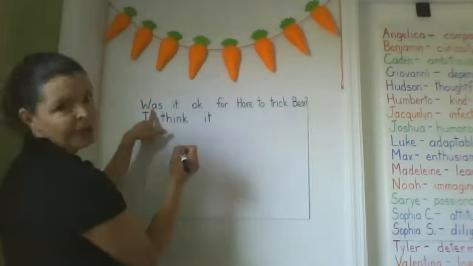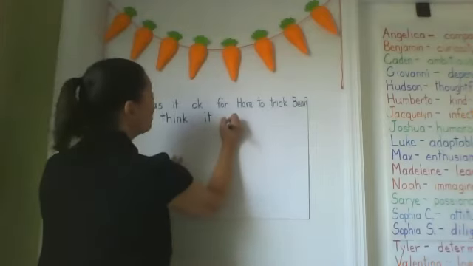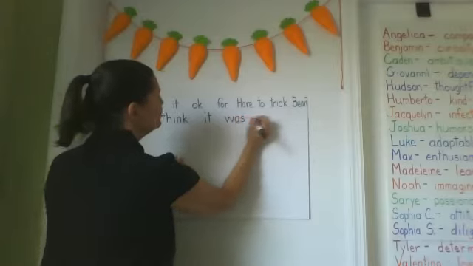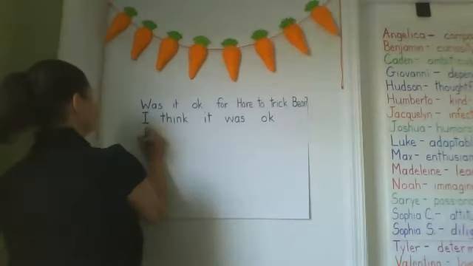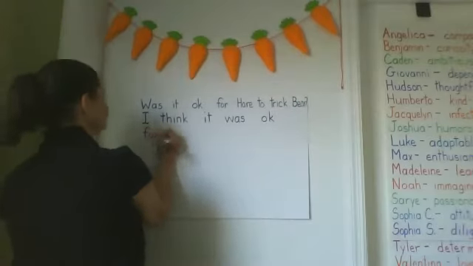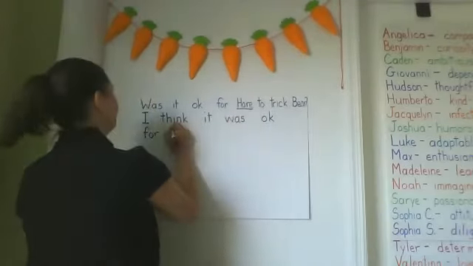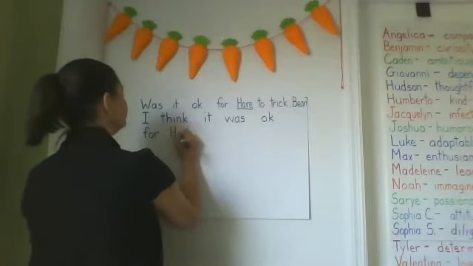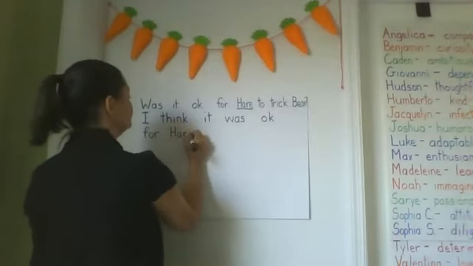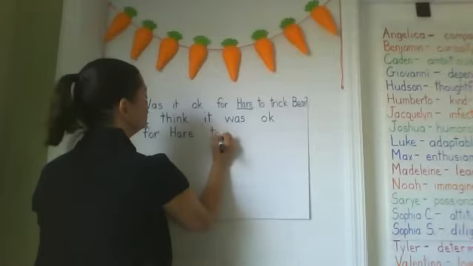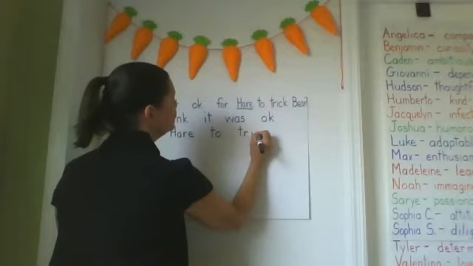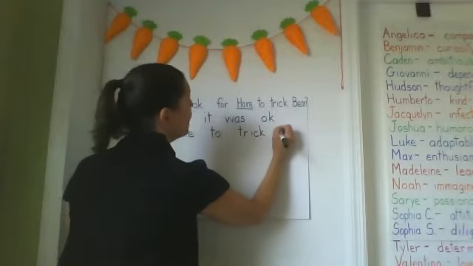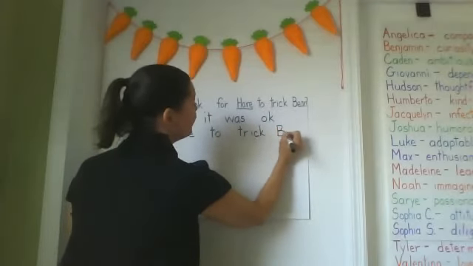was, and look at, there's the word. All I have to do is copy it. It was okay for, there's the word Hare, for Hare to trick Bear.